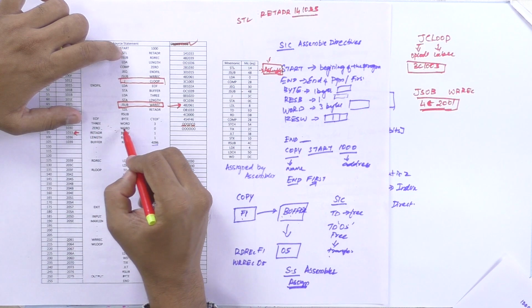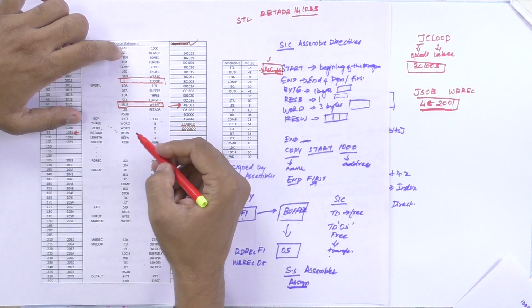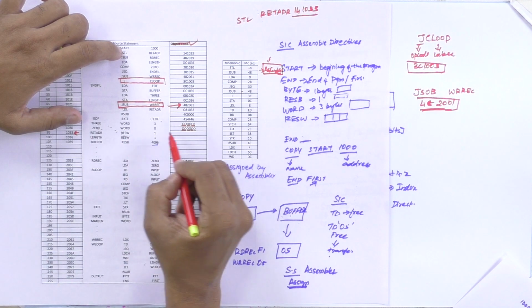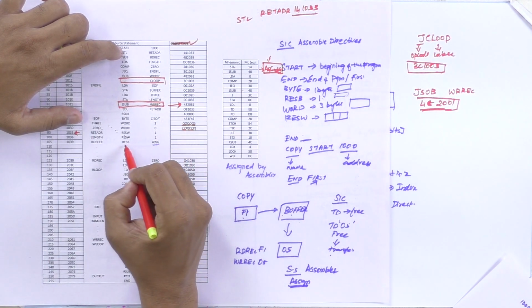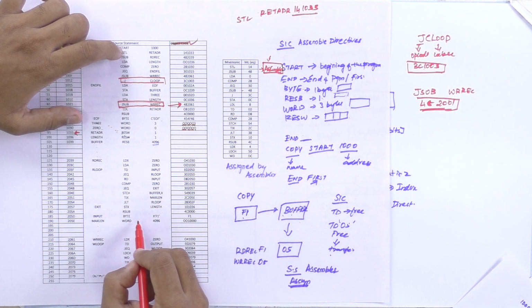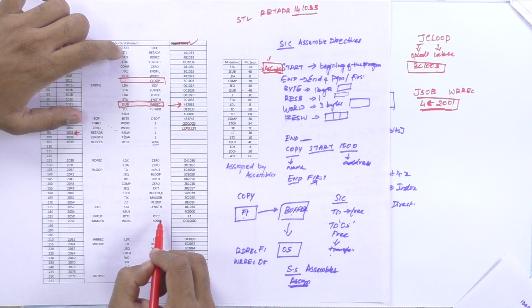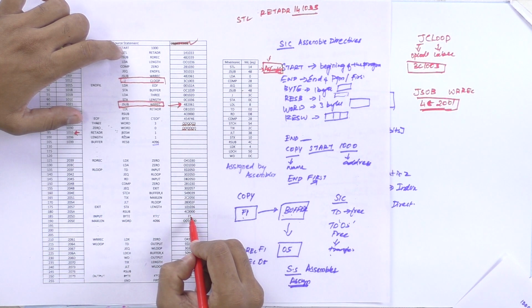If I am representing 0, all values will be 0. Then for RESW, we don't know the value, so it is kept blank. RESW is also kept blank. RESB is again kept blank. For BYTE, if you see here, X'F1', that means the F1 value will be stored directly.